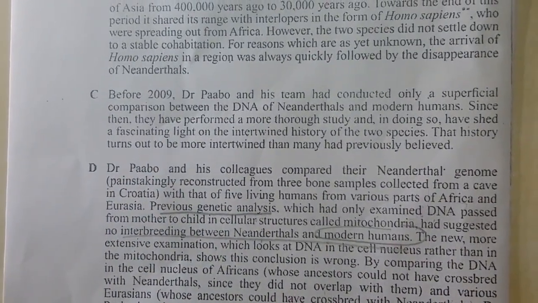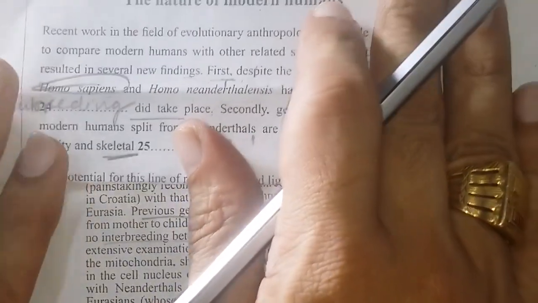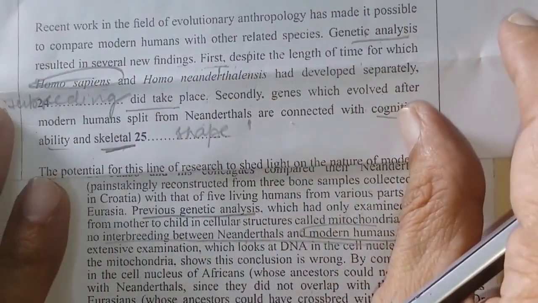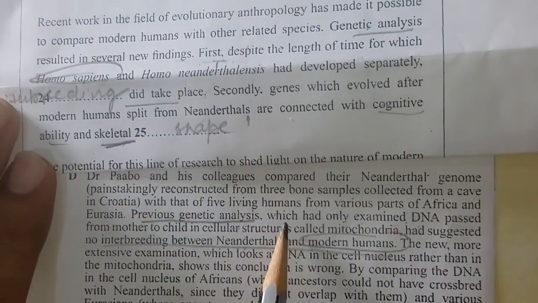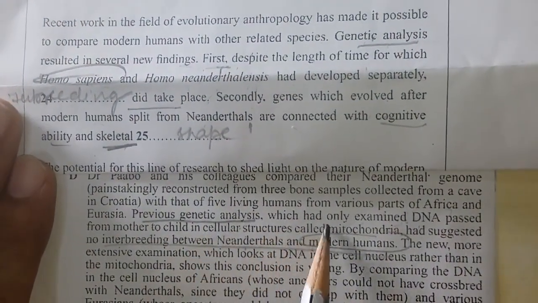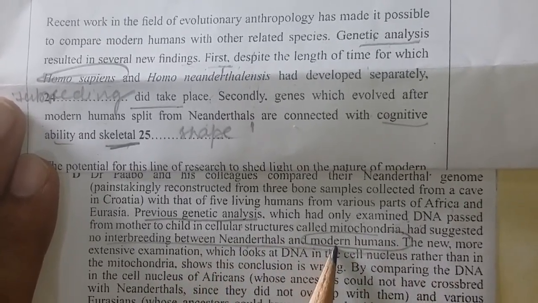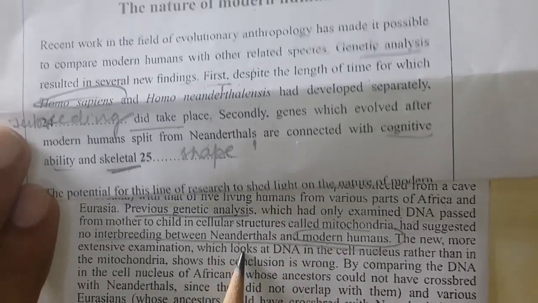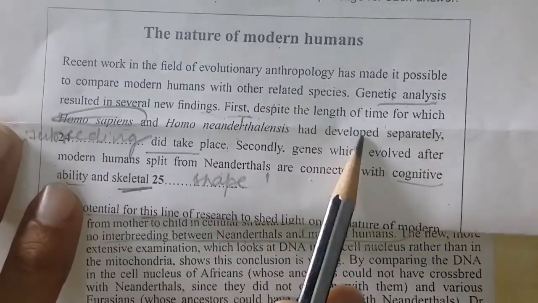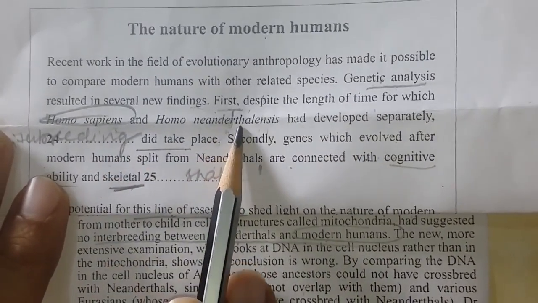Just a moment, please. So he said, now let's come to it. Examining DNA from mother to child, between this and this, there was no interbreeding. It means modern humans, we are modern humans, and they are our ancestors.